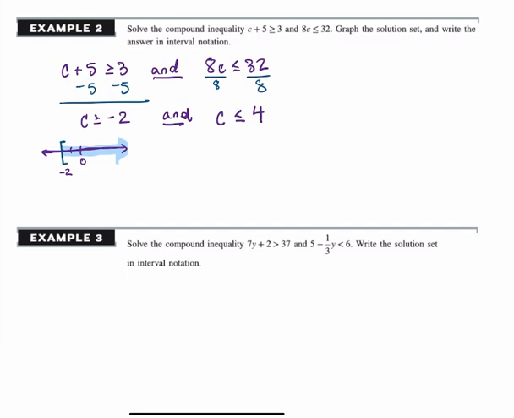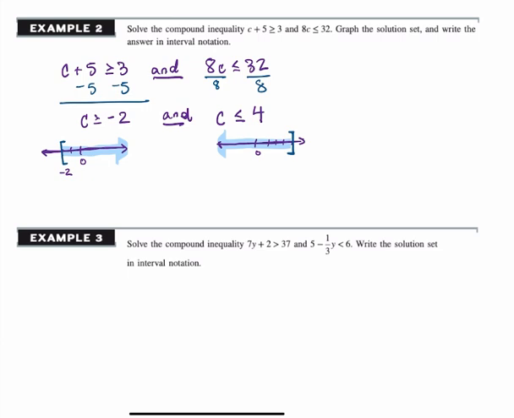And then for our other solution, we have c less than or equal to positive 4. So less than or equal to, I'll include positive 4, and I want everything less than that. So on the left side.